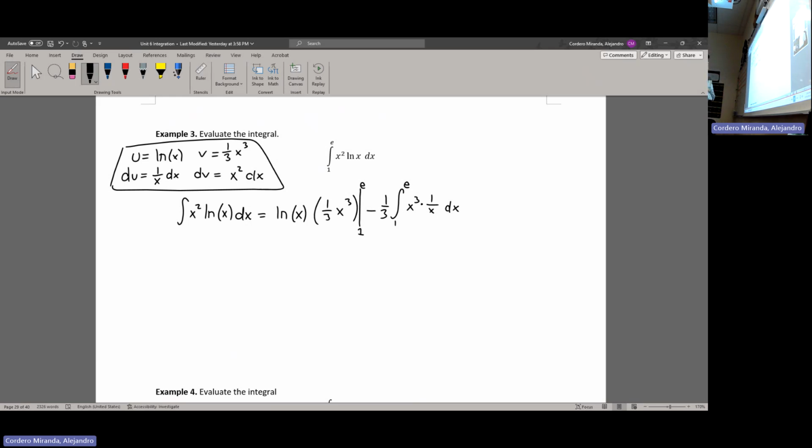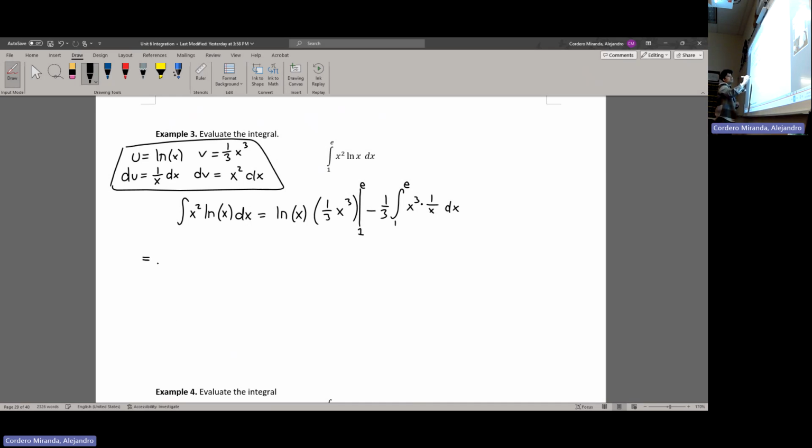All right, so do I want to plug those in now? Sure. So here's me plugging in for this first term, plugging in e and 1, and then I'll deal with this integral in a second.